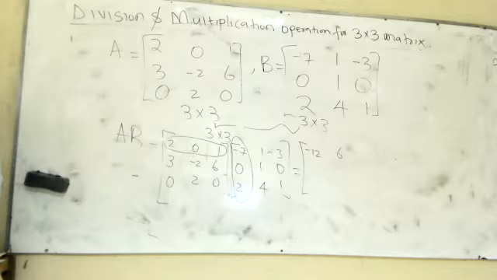Okay, it's 2 and 1. 2 and 1 is a 2. 0 and 1 is 0. Then 4 and 1. Meaning now we have 6.